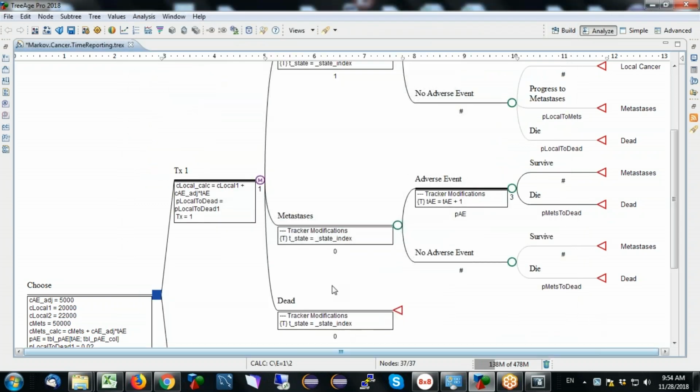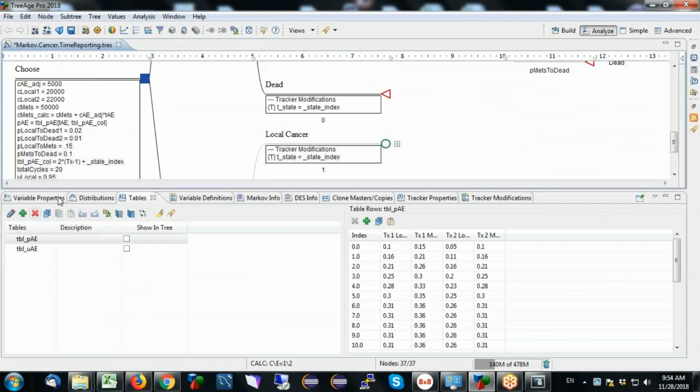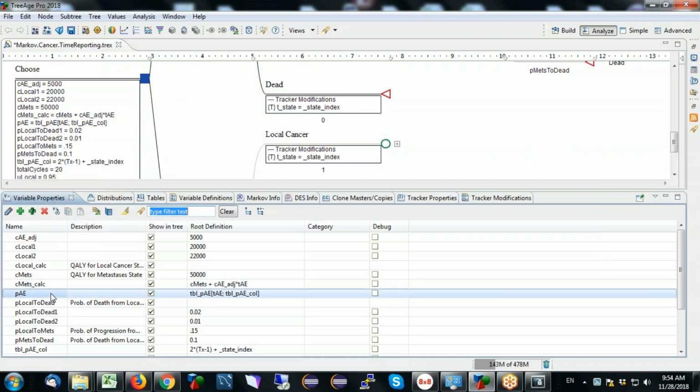And now I'm going to go into the variable properties, and I'm going to say I want to see PAE. So you see this little debug here. Check that box. So now when I run the model, it should tell me how PAE was calculated for the first 10 people in the first 10 cycles.